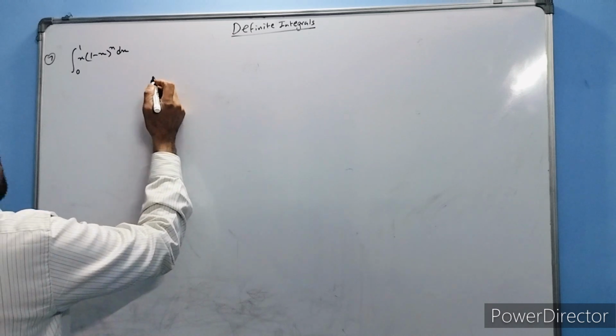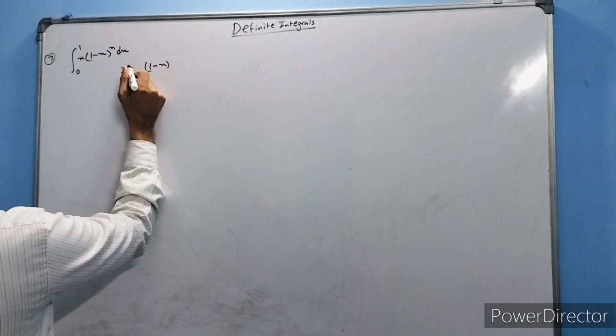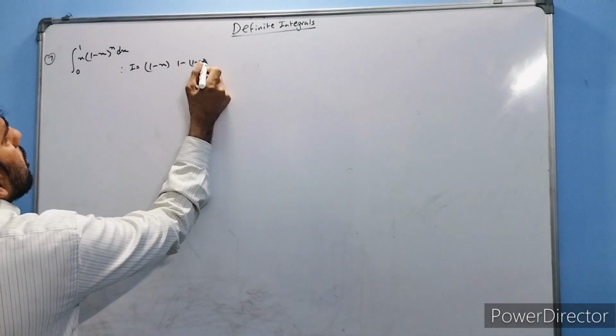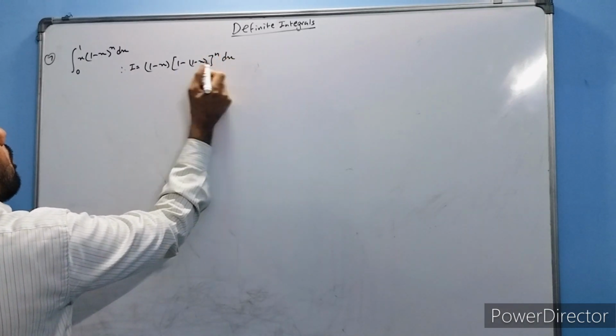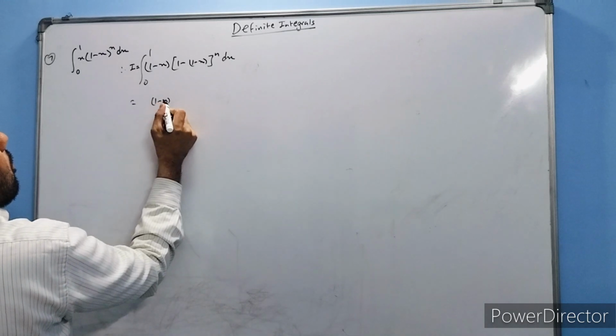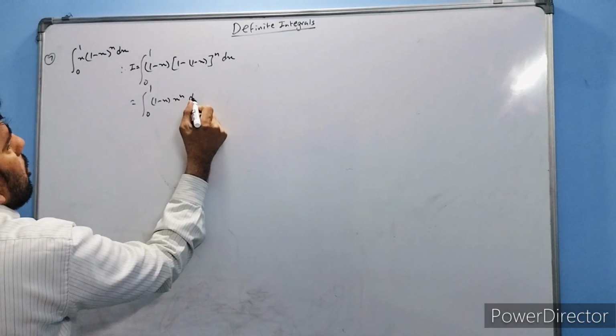So now what we can do here, first, therefore I is equal to 1 minus x, 1 minus x, okay, whole n dx. Okay, so now I got what here, 1 minus x, so it will be x to the power n. So now 0 to 1 dx.